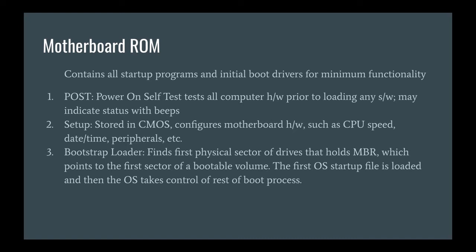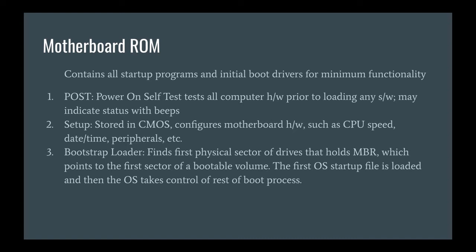Basically, the ROM looks to find where the master boot record is, and the master boot record tells the computer where to actually start loading the operating system. So once that first sector from the bootable volume is found, the operating system kicks in and is pulled into memory, and then takes off and handles the rest of the boot process of loading the operating system.